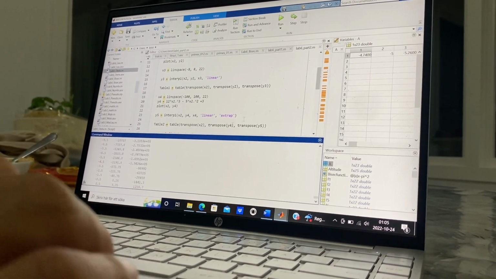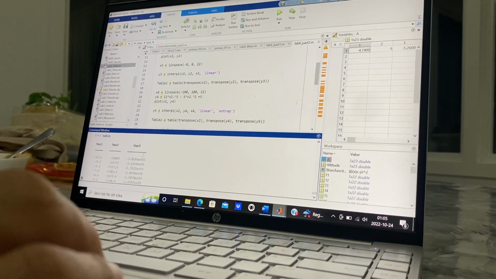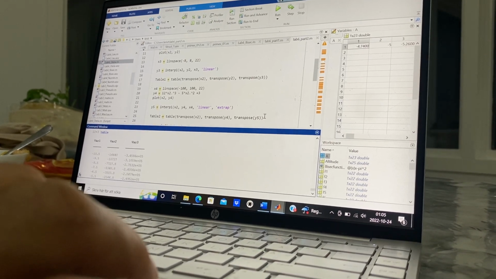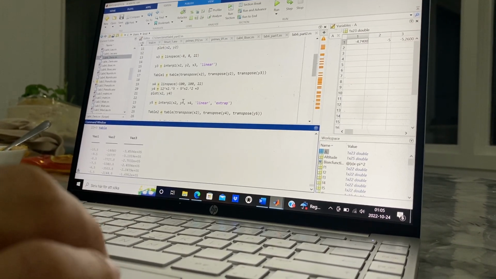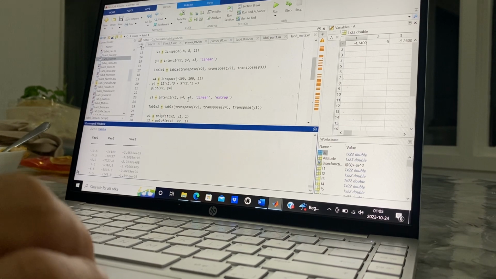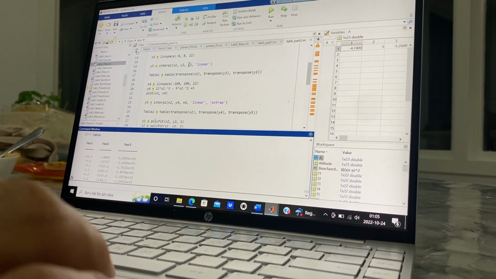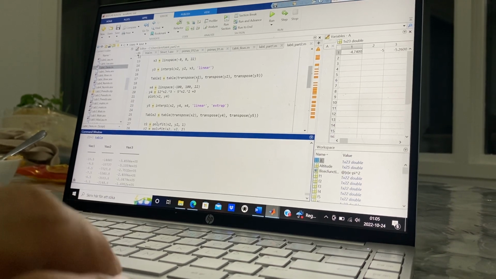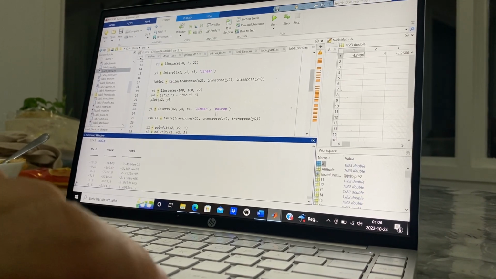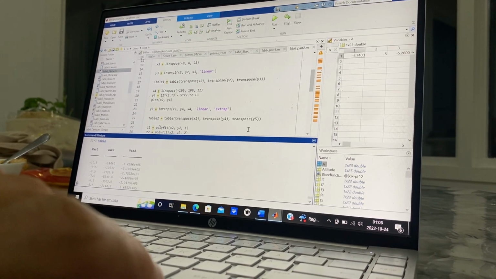And this is the error, but for y5 then, using the x4 in here instead of the x3 that we used in here. So this is the difference in the two tables.